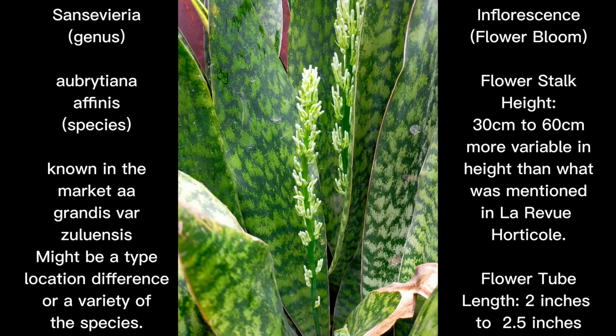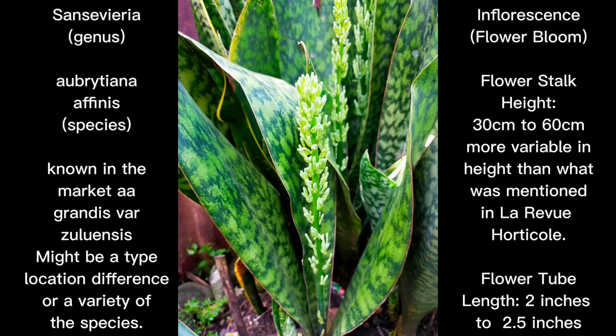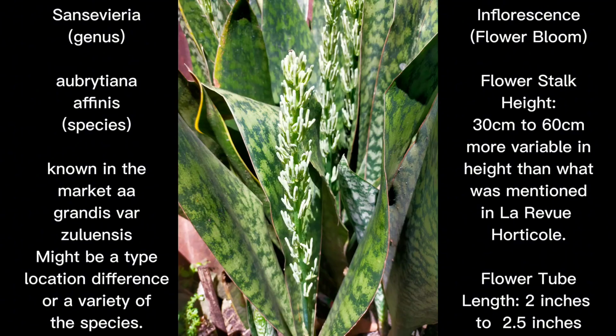That said, they might be found in different parts of Africa. That is why they have different morphologies compared to each other, but nonetheless there are differences with the other specimen of aubrytiana that I have. So we're not just sure which one is the aubrytiana species that was described by the French La Revue Horticole.